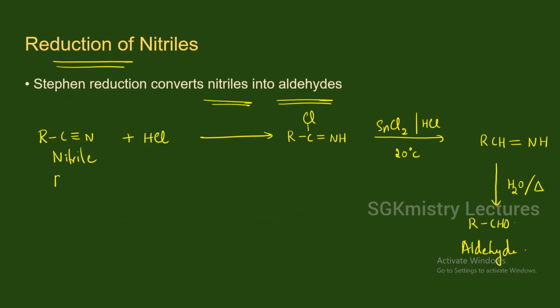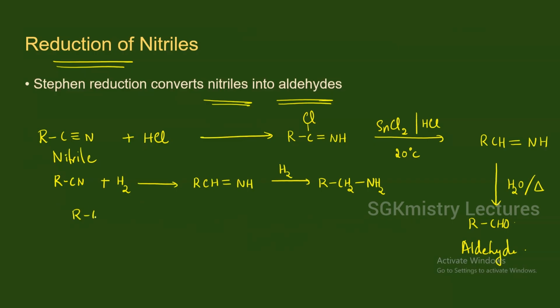So if you take nitriles and treat with hydrogen, first you're going to get RCH double bond NH. Now again on treating with hydrogen, you're going to get RCH2NH2.